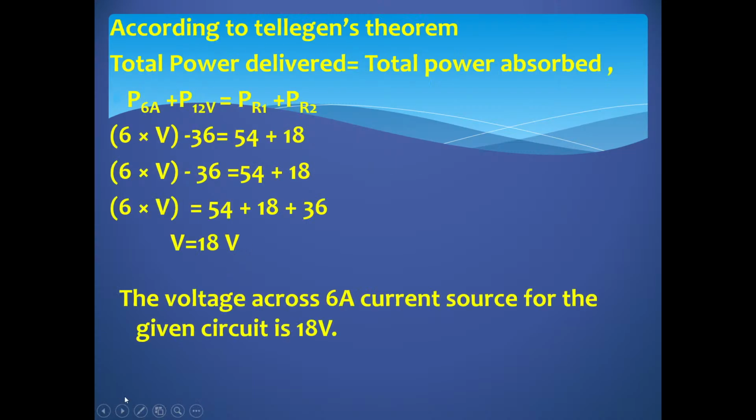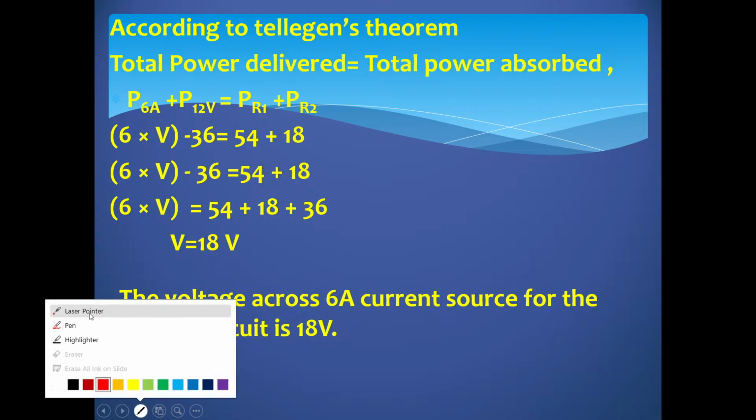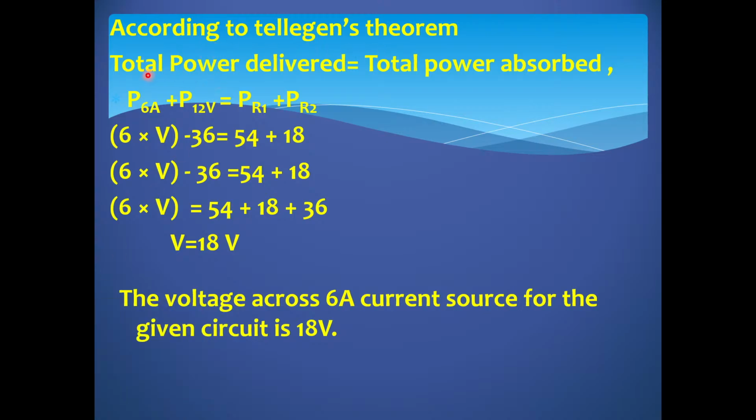Now, according to Tellegen's theorem, total power delivered must be equal to the total power absorbed. The algebraic sum of powers delivered in the given circuit must be equal to the algebraic sum of powers absorbed. What are the powers delivered? Two sources are there.